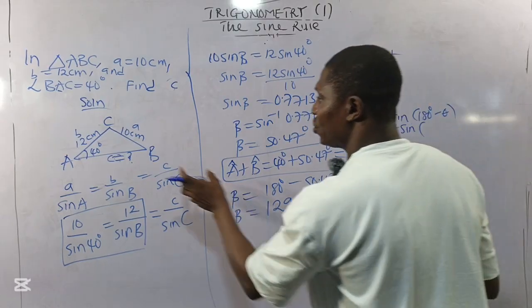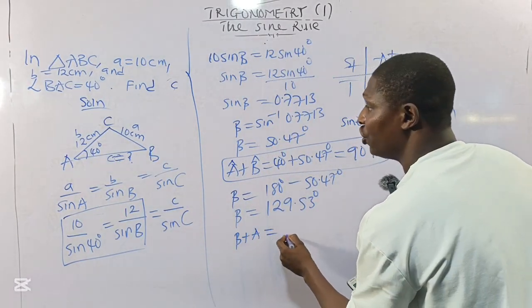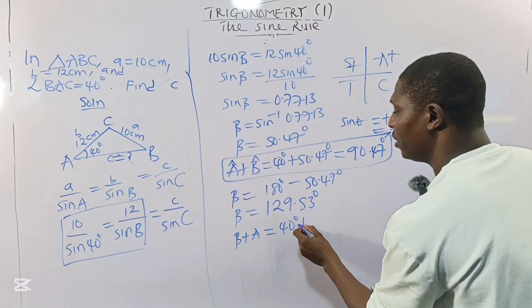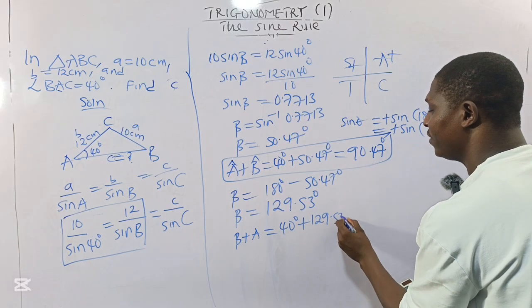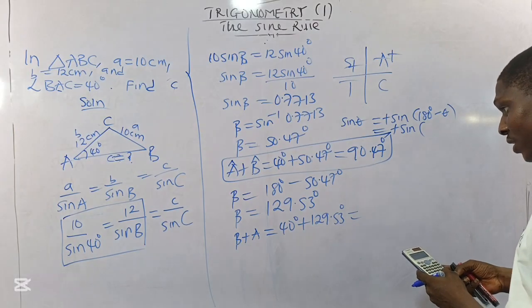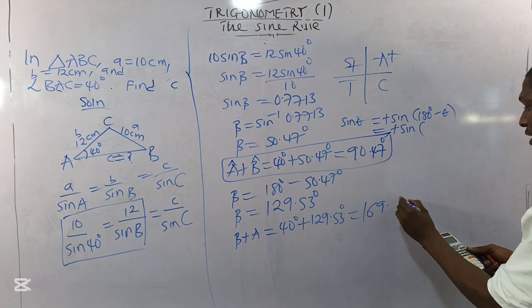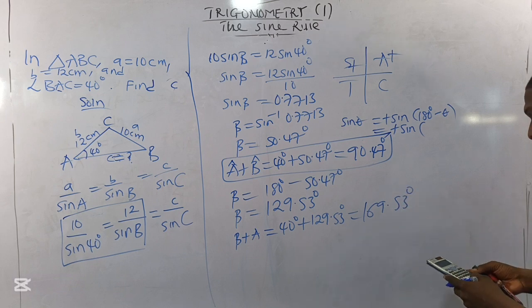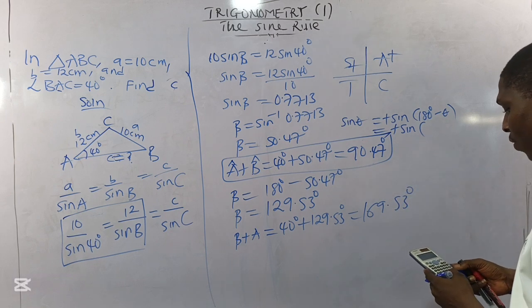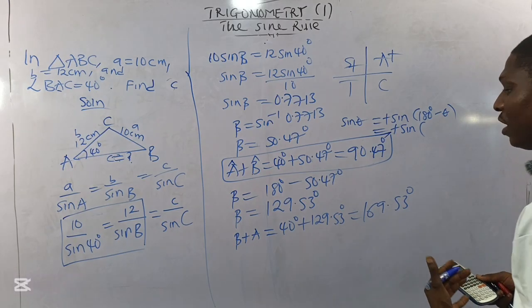If I add this to this, B plus A equals what? 40 degrees plus 129.53 degrees. It will still give me a value less than 180 degrees. Plus 40, I still have 169.53 degrees. So therefore, my C is still possible to be like 10 point whatsoever degrees.